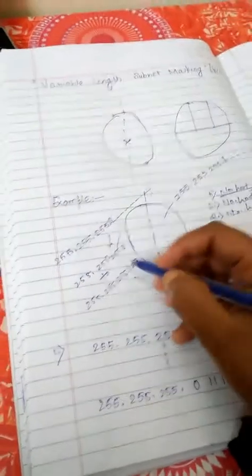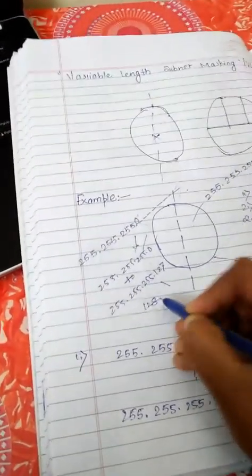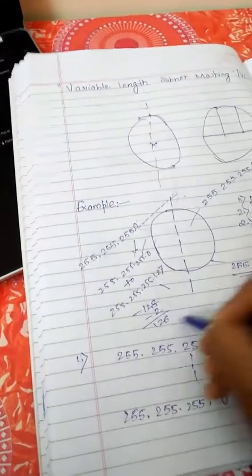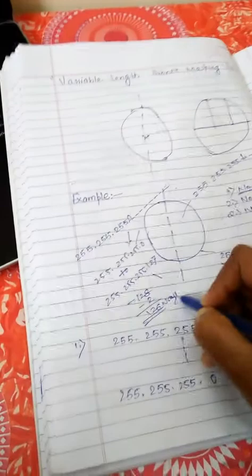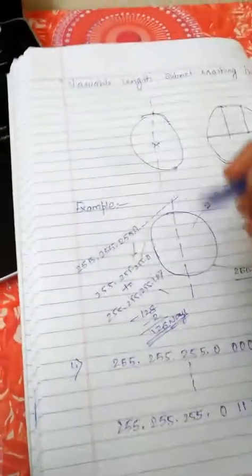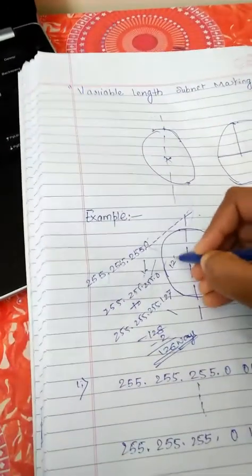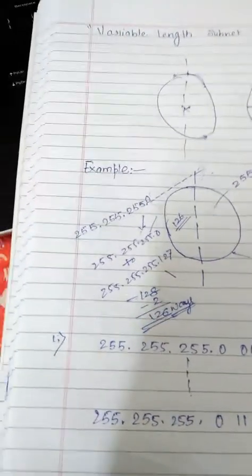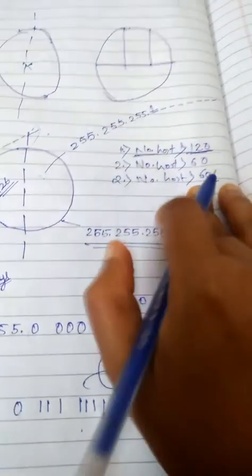Okay, the total number is 128, minus 2, that is 126. So there will be 126 hosts in this subnet.